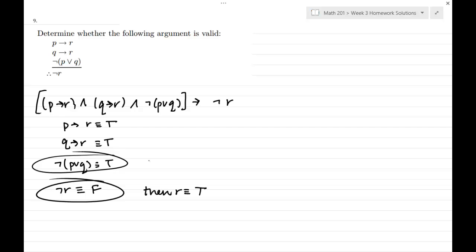So if the negation of P or Q is true, then I know that P or Q is false. Okay, if P or Q is false, the only time an or statement is false is if both truth values are false. Okay. So let's just verify.